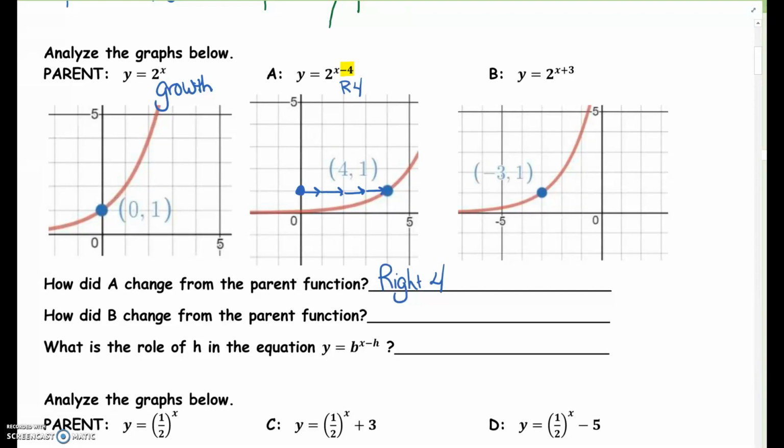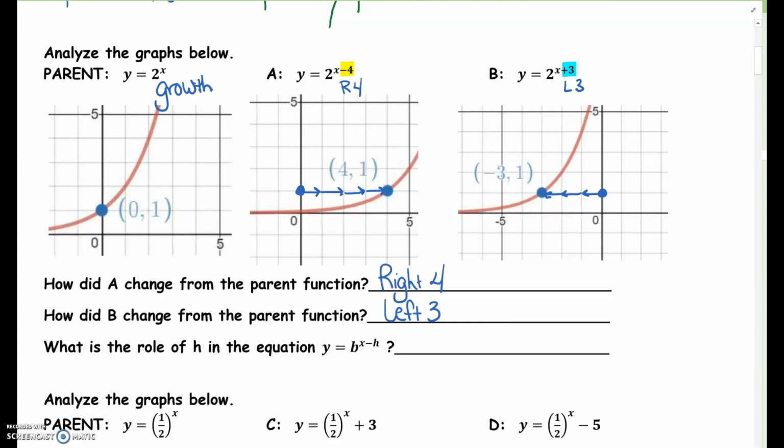Does that seem a little bit familiar to the other times that we've graphed functions? Okay. The plus 3 in the next graph, the point started here at 0, 1 and moved left 3. So that plus 3 moved the graph left 3.